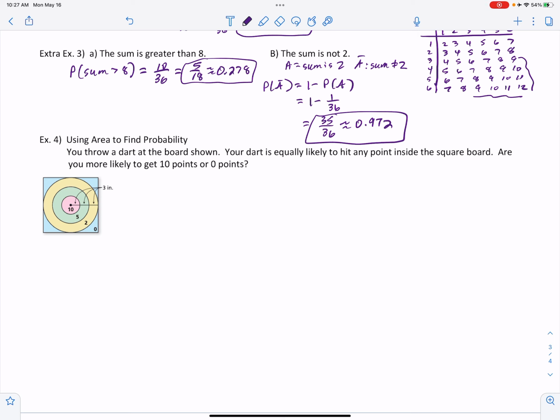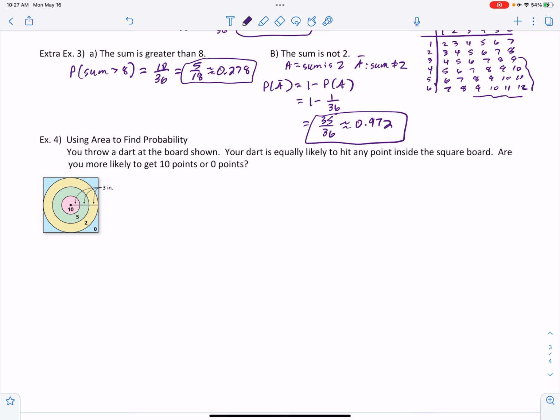That's important, because if you're a good shot, then that changes the outcome, and that's a dependent outcome on your skill. And that's not what we're talking about here. So anyways, you throw a dart at the board shown. Your dart is equally likely to hit any point inside the square board. Are you more likely to get 10 points or 0 points?